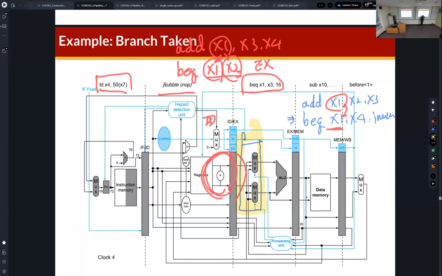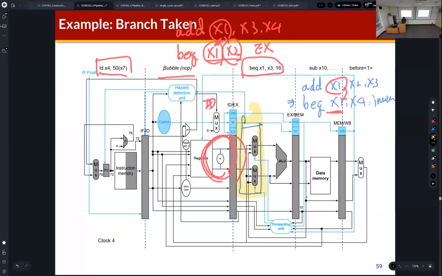You understand? But the branch instruction is resolved in the ID stage before the data forwarding multiplexers, which means that the result of the add instruction cannot be forwarded in this case.